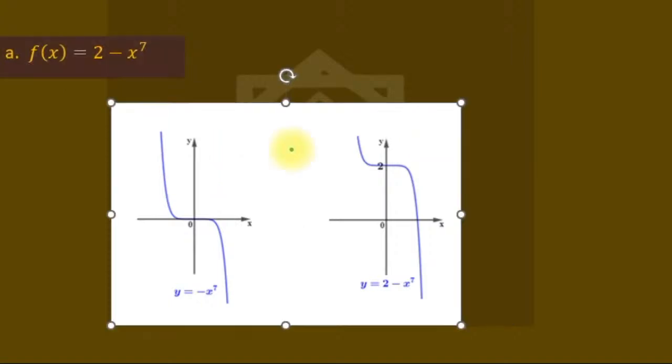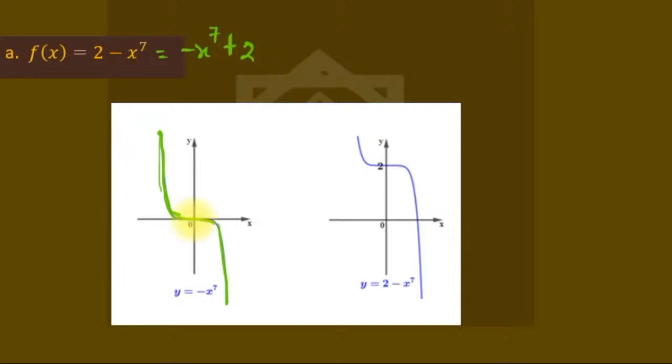Remember, we can write this as minus x raised to 4 plus 2. So the coefficient of x is negative. That's why the shape is like this; if it's negative, it will be the other way around. But we now shift this parent graph up by 2 units.